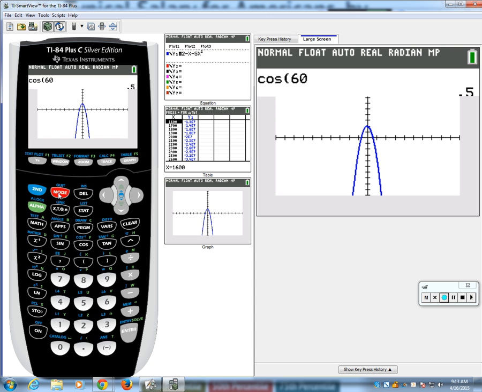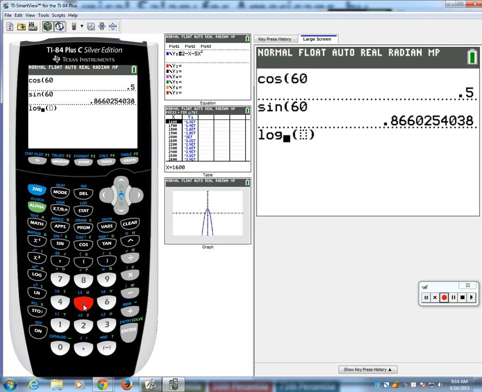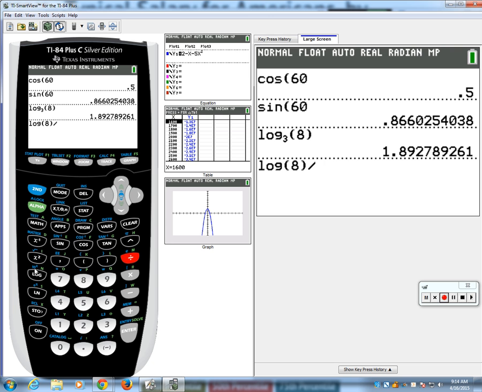Or you can use the calculator: alpha f2, then number 5 is log base, so this is log base 3 of 8. Or if you don't want to remember that, you can go log of 8 divided by log of 3.